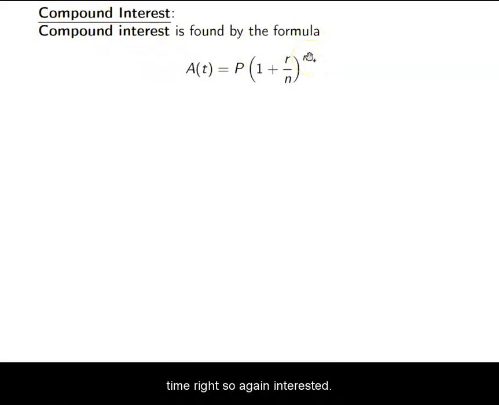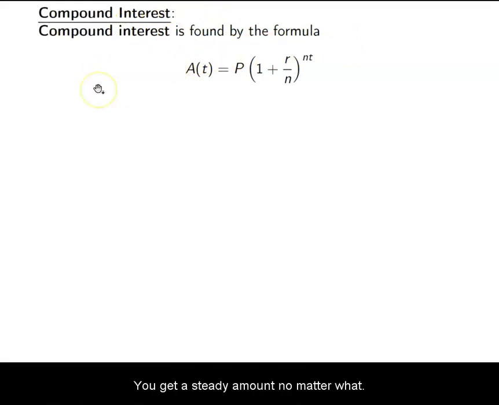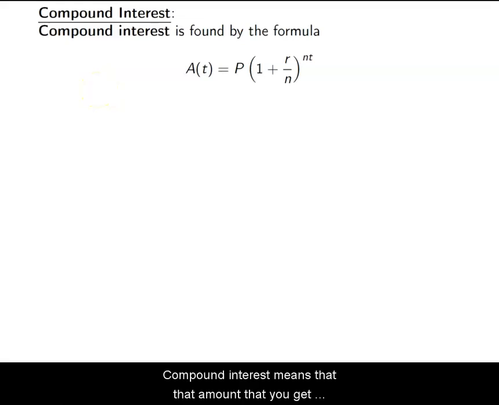So again, interest is gained when you invest money. Simple interest just means that you get a steady amount no matter what. Compound interest means that that amount that you get is added to your value every so often, okay? Every day, every month, every year, what have you.